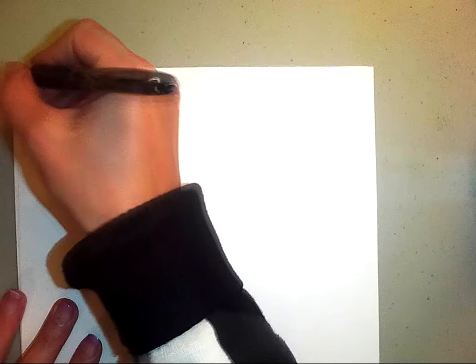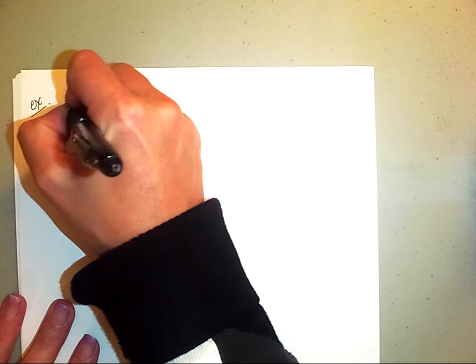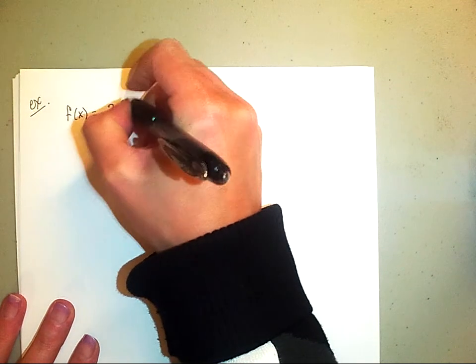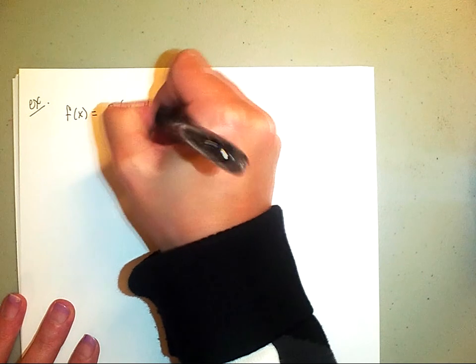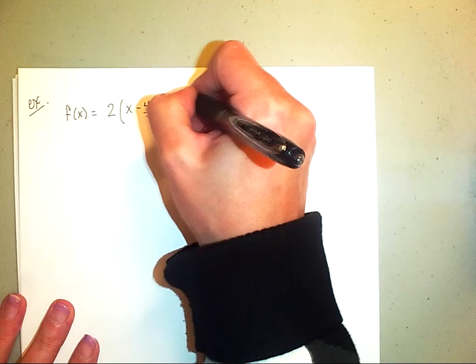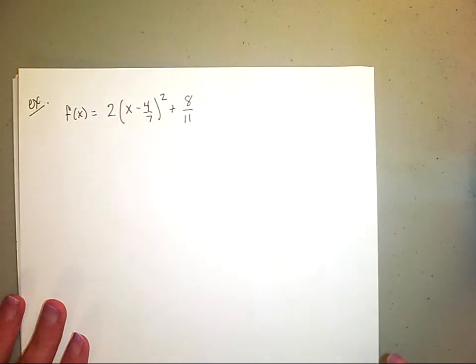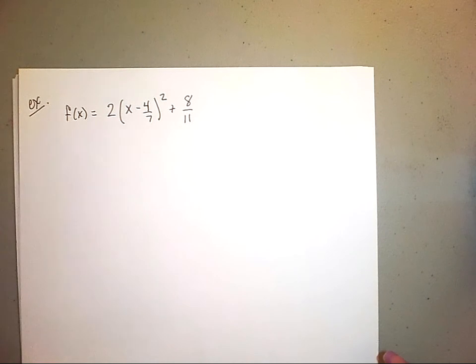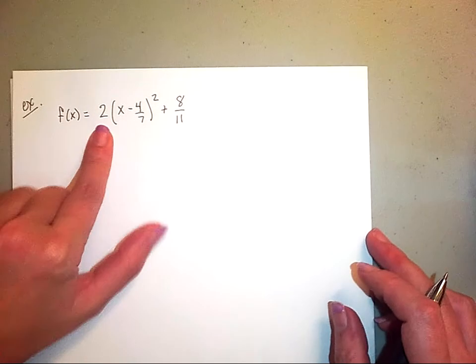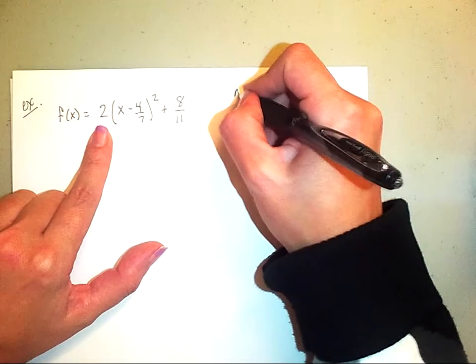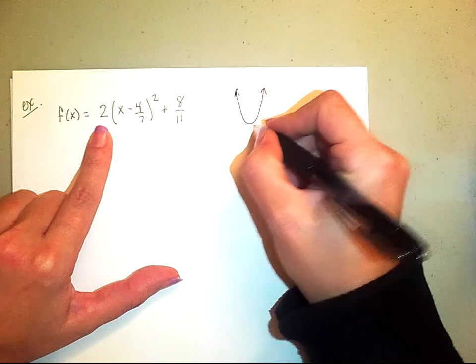So if our function is given to us in terms of the vertex form, for example, if we have f of x is equal to 2 times x minus 4/7 squared plus 8 over 11, without even graphing this, we can tell you a couple things. A is positive, so this is a concave up graph.